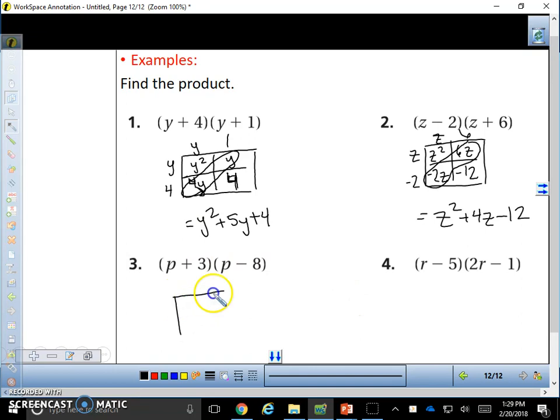All right, example 3. P plus 3, p minus 8, multiply them: p squared, -8p, 3p, 3 times 8 is 24, positive times negative is negative. Now combine your like terms and put in standard form: p squared, -8 plus 3p is -5p, minus 24.